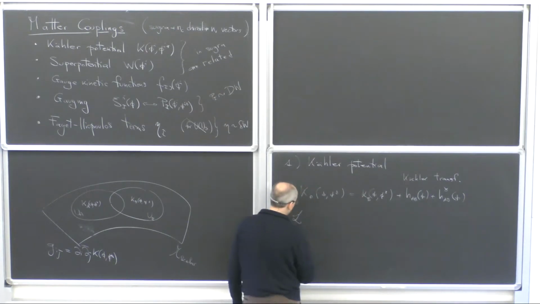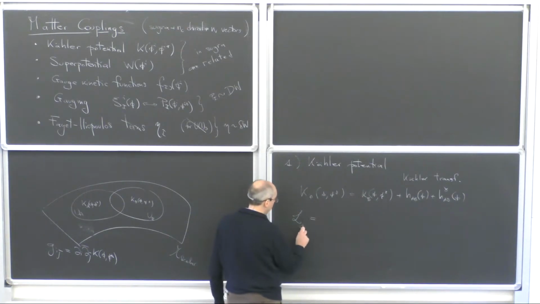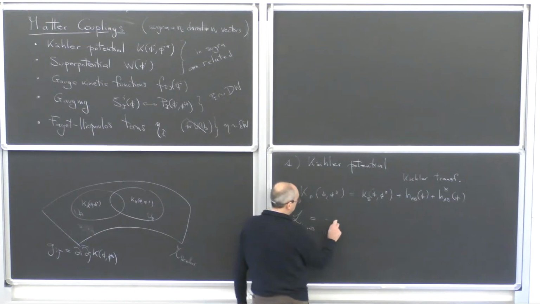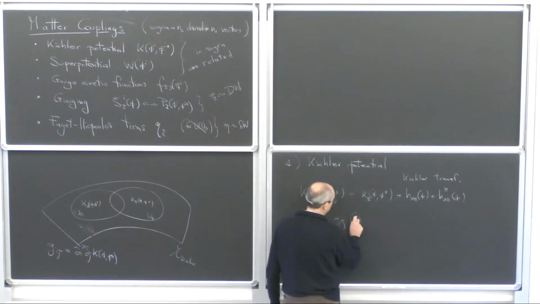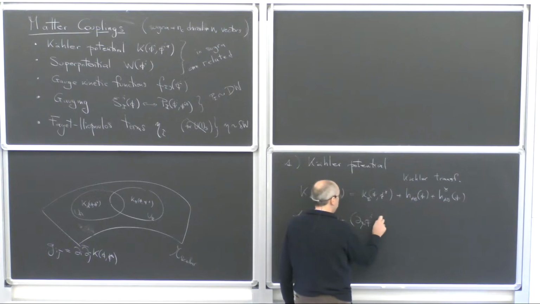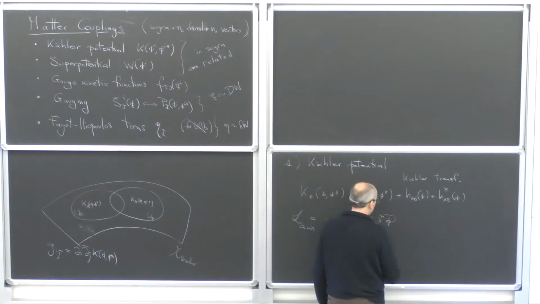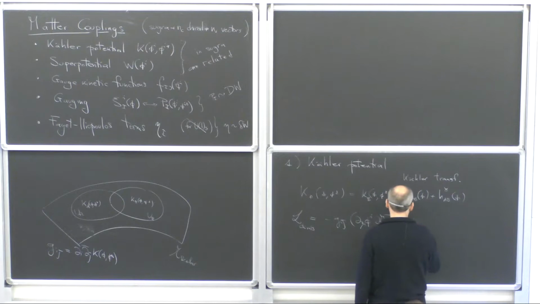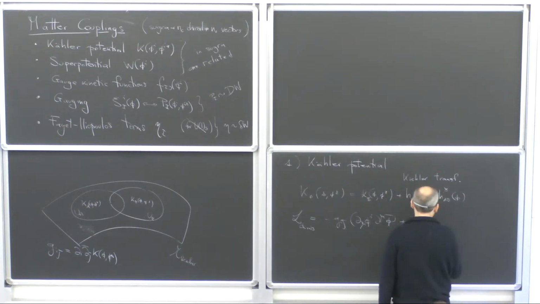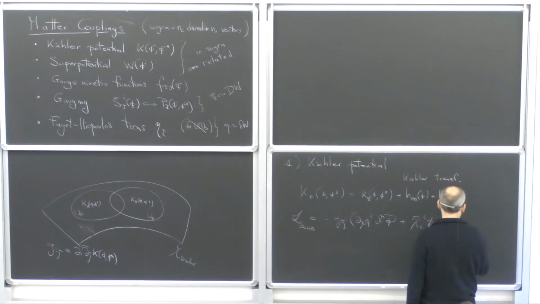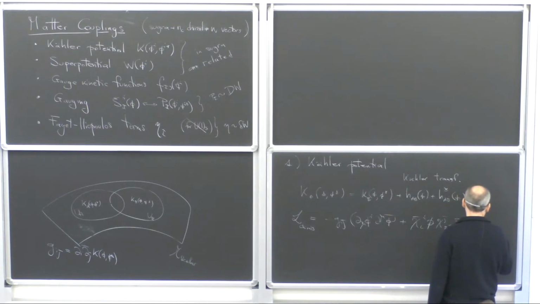In fact, if you look at the Lagrangian for the chirals, as we discussed last time, you have a kinetic term for the scalars and fermions in your theory.